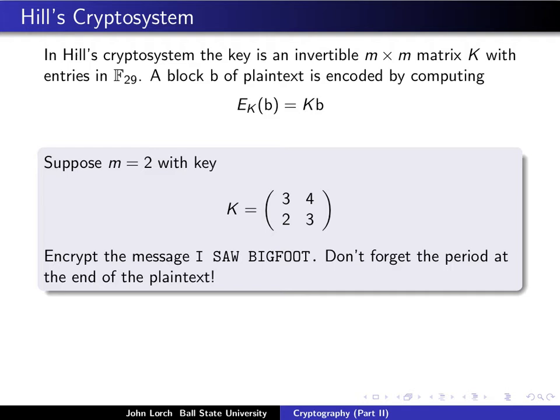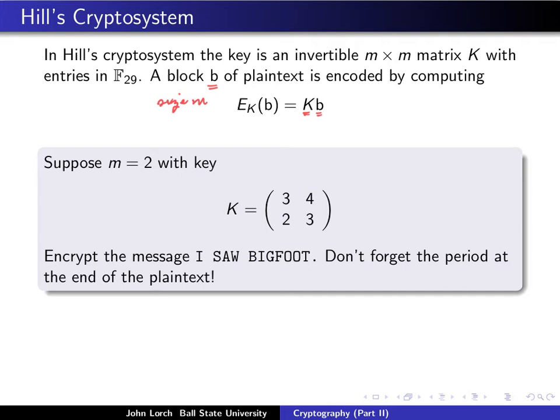And instead of encoding one letter at a time, we're going to encode a block of letters at a time. In fact, this block B here is of size M. And to encrypt this block B, we just multiply B on the left by our key matrix K, and that should give us another string of length M.